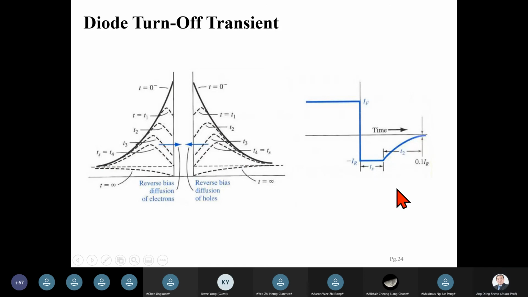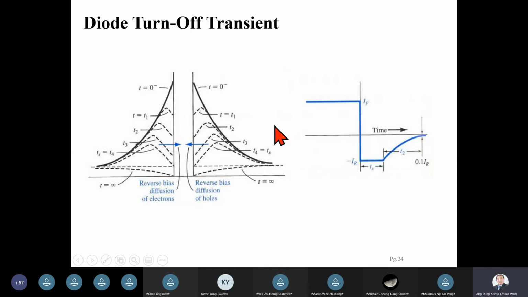Now, the storage capacitance also affects the turning on speed of the diode. You can imagine that during turn on, the excess minority carrier charge stored does not build up immediately to the final value in one go. It takes time to charge up the storage capacitance. In other words, it takes time for the majority carriers to be injected across the junction to form the steady state profile shown by the black line.